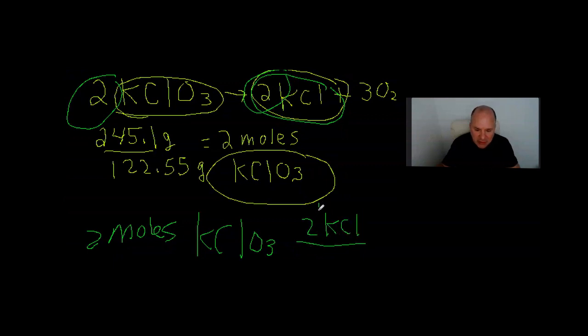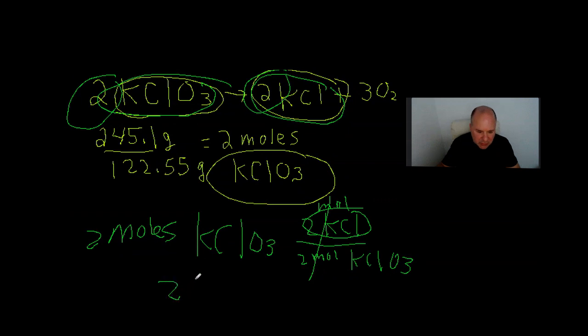There's 2 moles of these, so really 2 mole KCl to 2 mole KClO3. 2 divided by 2 is 1. So 2 times 1 is 2. That's going to give you 2 mole KCl. Okay, so we know that we're making 2 mole KCl.